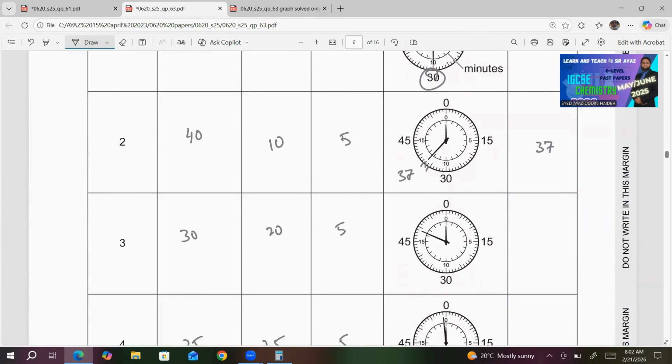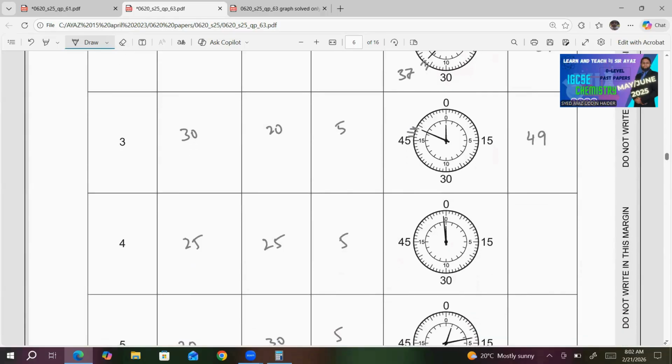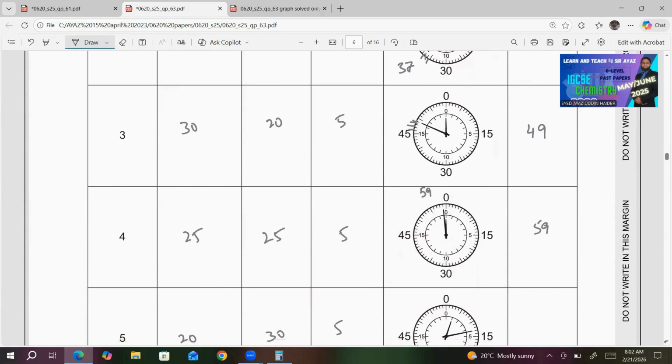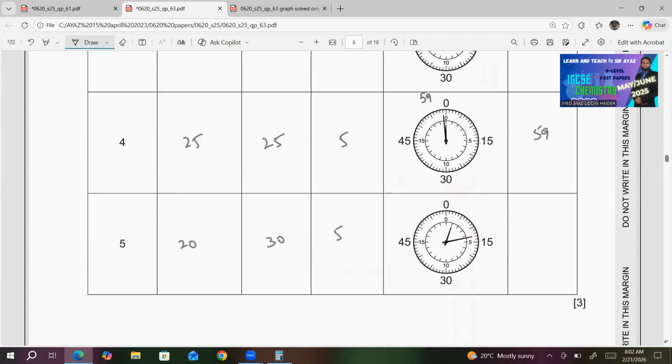Now this time you are having 45, 46, 47, 48, 49. This will be 49 seconds. So I will write 49. Experiment 4, it must be 59. 59 seconds. Last experiment. Now we have 1 minute and 14 seconds.